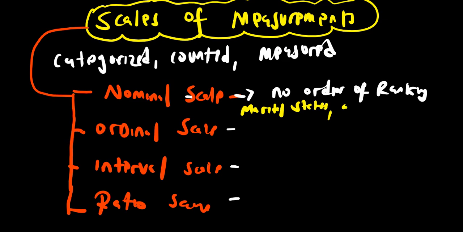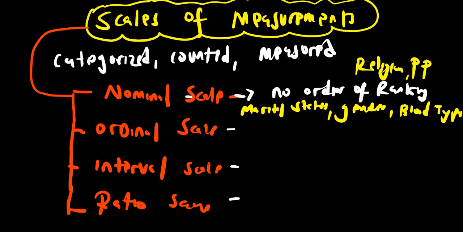Can you rank gender? Can you rank someone's blood type? Can you rank someone's religion? Can you rank someone's political party? There is no order of ranking.